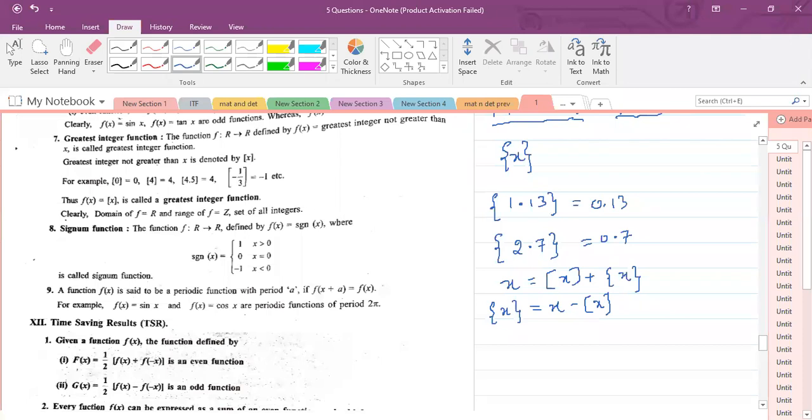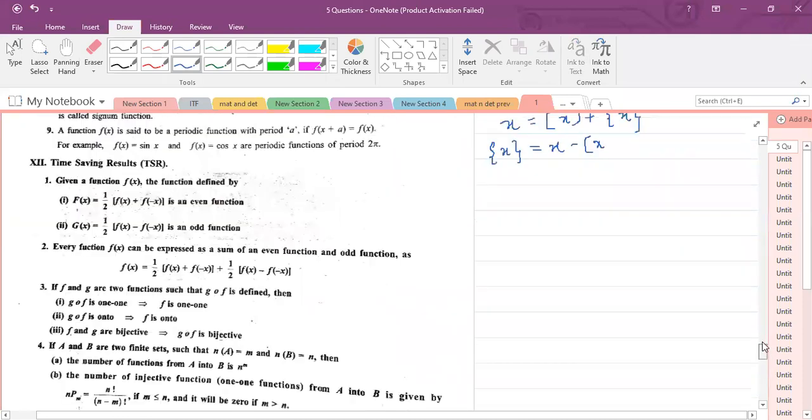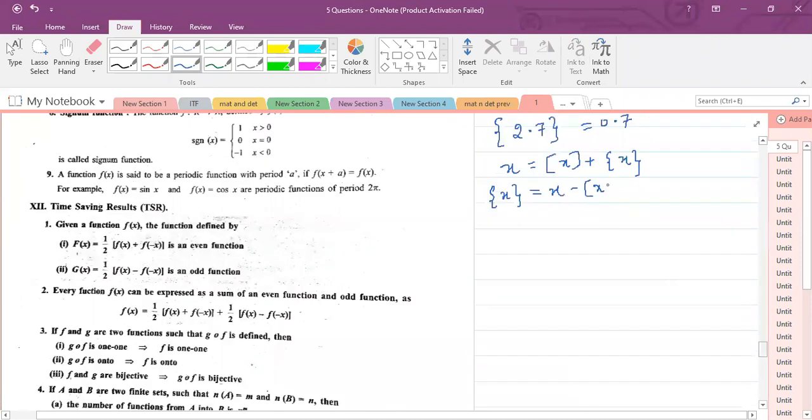Then we can consider the graph of this. This is 0. This is 1, 2, 3, 4, minus 1, minus 2, minus 3, minus 4.